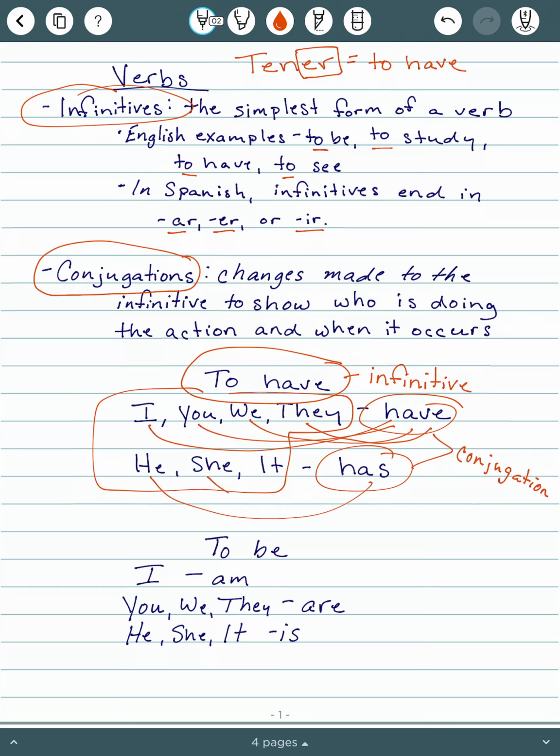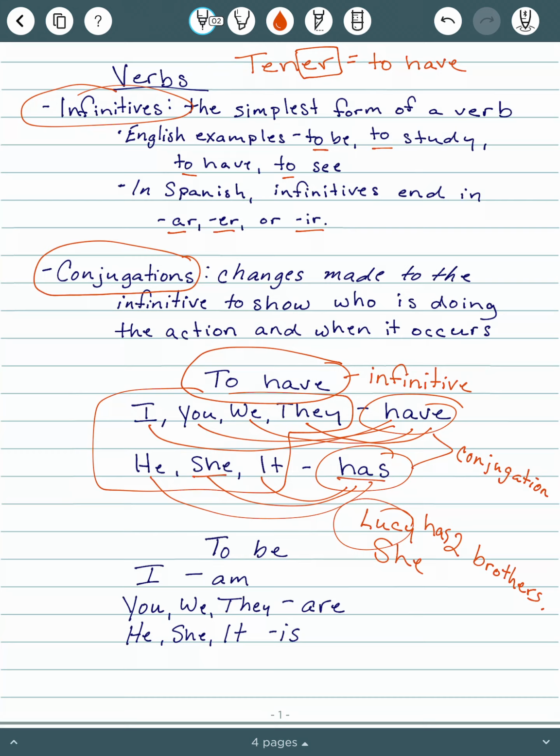And then he has, she has, it has, not it have. So if I wanted to say Lucy has two brothers, I know that it's Lucy has two brothers, but the reason I know that is because the pronoun for Lucy is she, and I know that she goes with has.